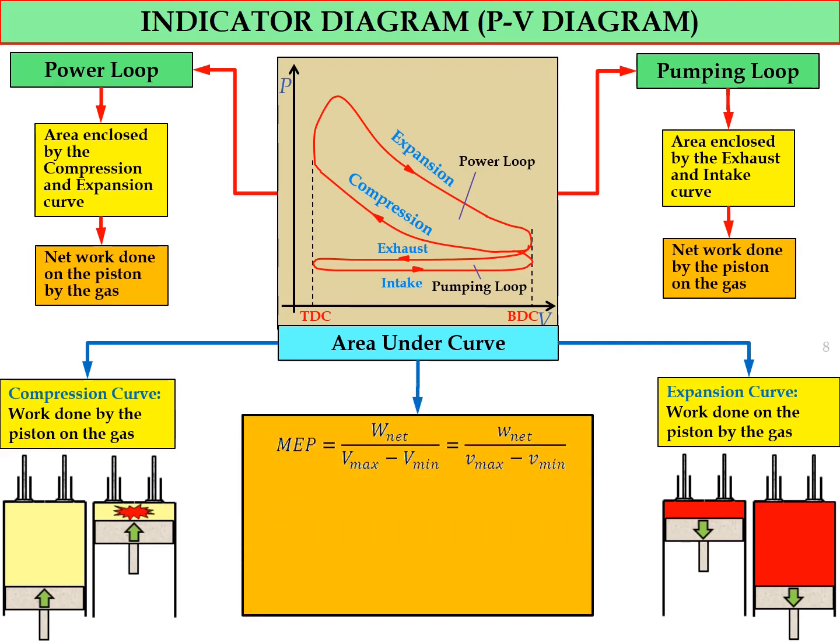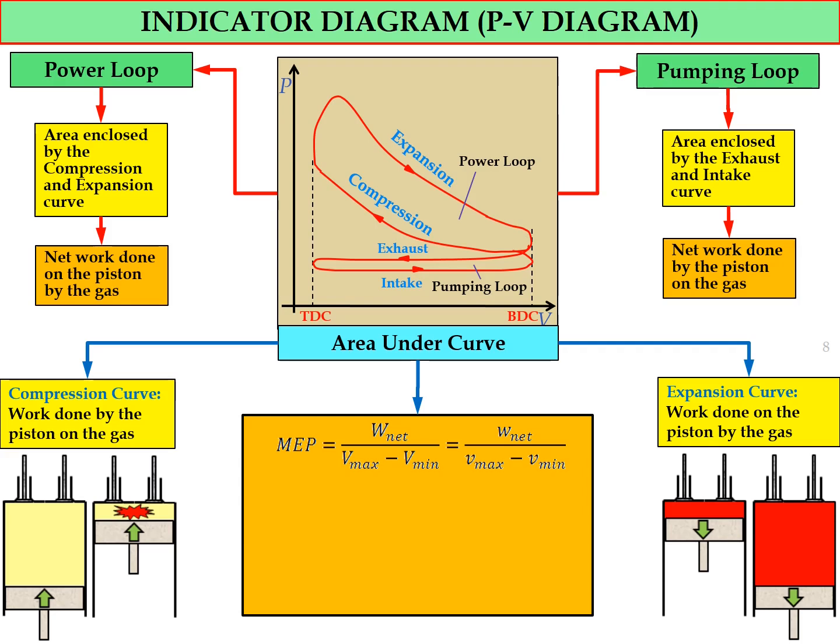Okay, so now we have another parameter to describe the performance and properties of the engine, that we call MEP, mean effective pressure. The formula is MEP equal to W net divided by V max minus V min. So we have two different equations.